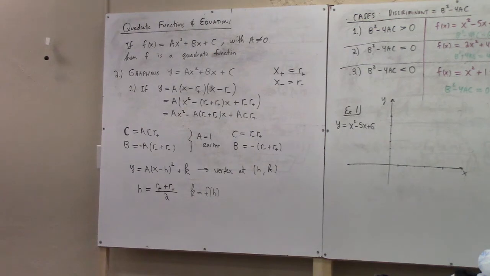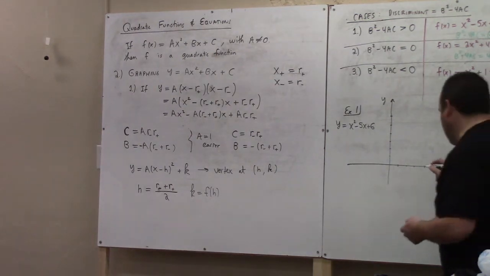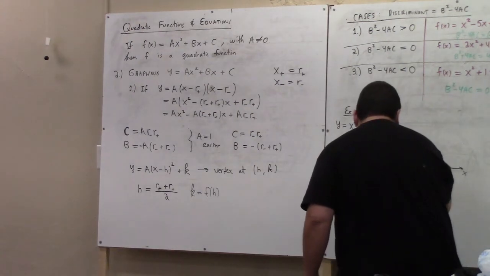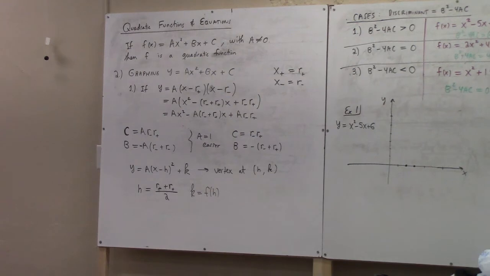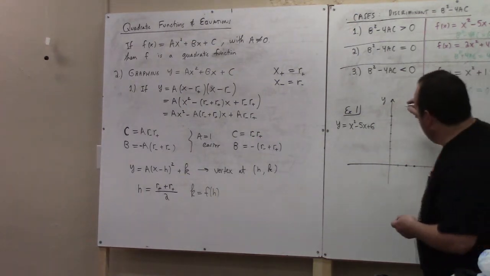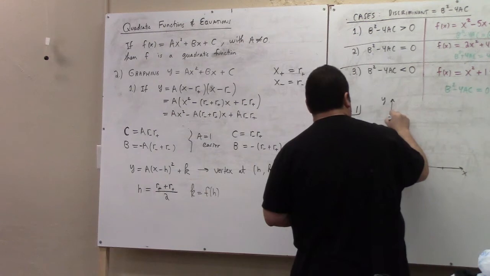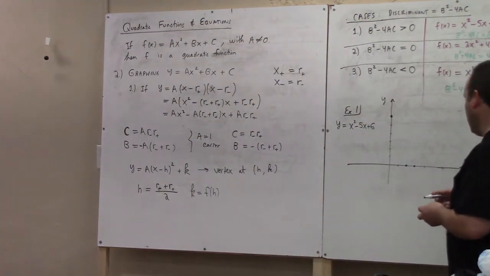So y equals 0 when x is 2 or 3. So that's this point here and this point here, roughly speaking, on my graph. And what else do I know? I also know that (0, 6) is a point on the graph, because it's got a 6 here, which is the y-intercept.